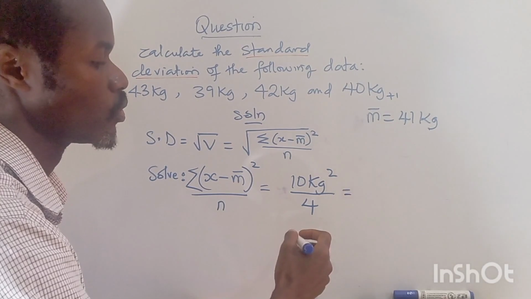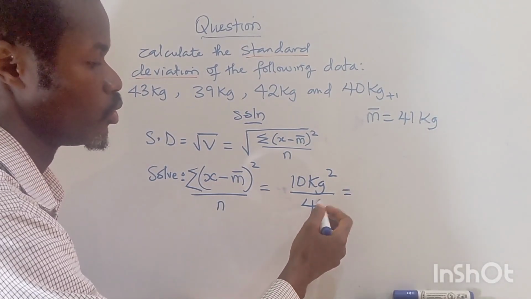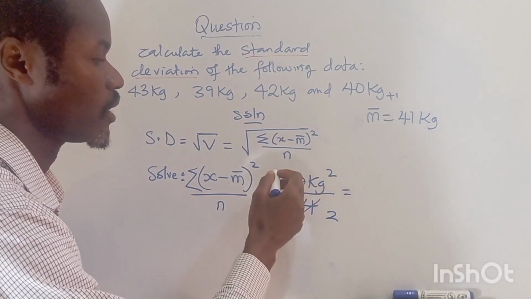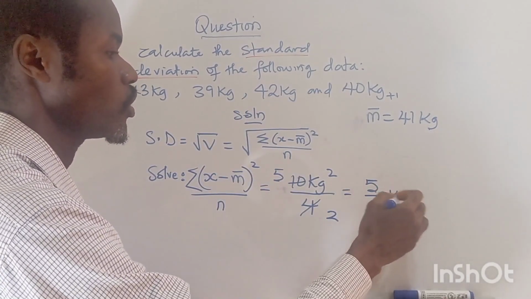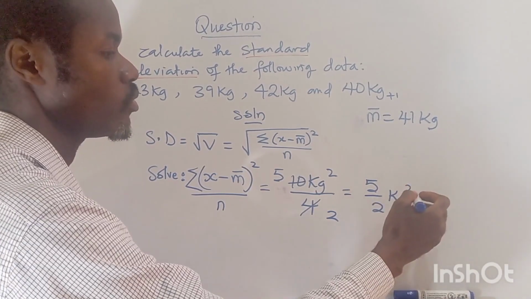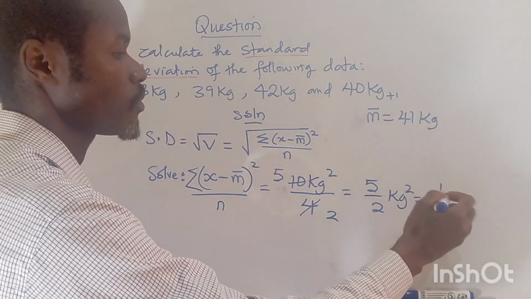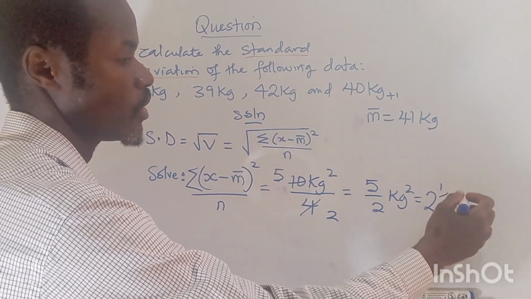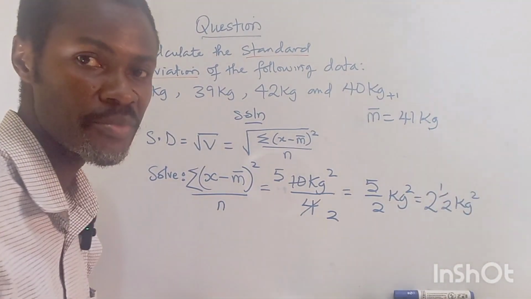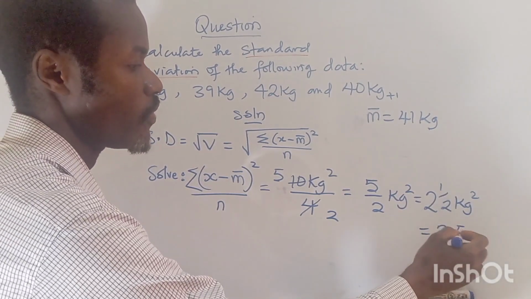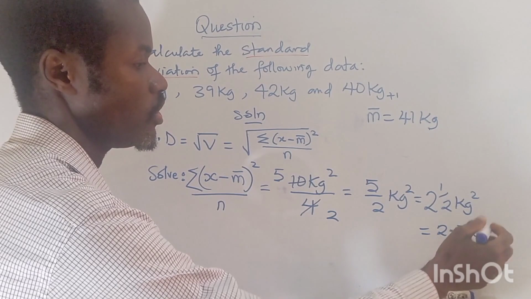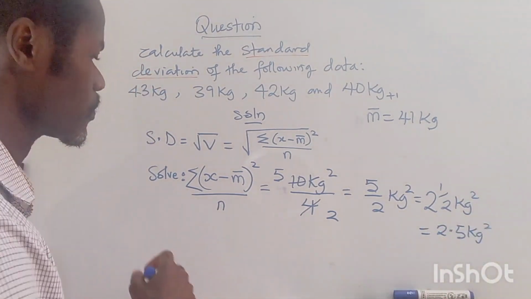Now, this is going to give us what? We can reduce this. 2 into this is 2. 2 into 10 is 5. So we have 5 over 2 kg squared, which we can write as 2 and a half kg squared. Half means 0.5, so we can write 2.5 kg squared.